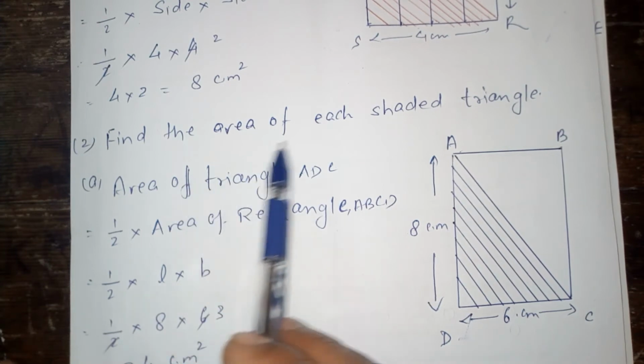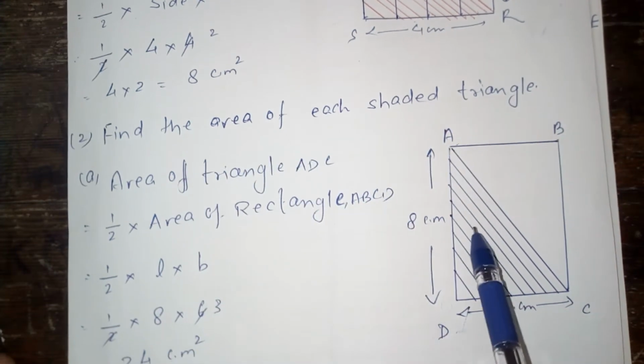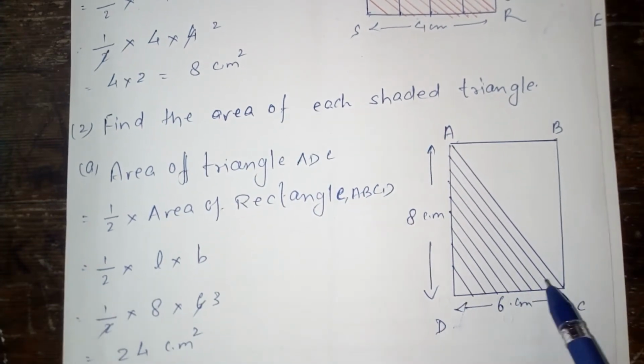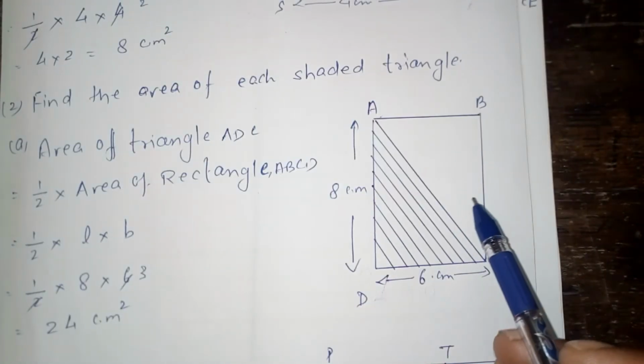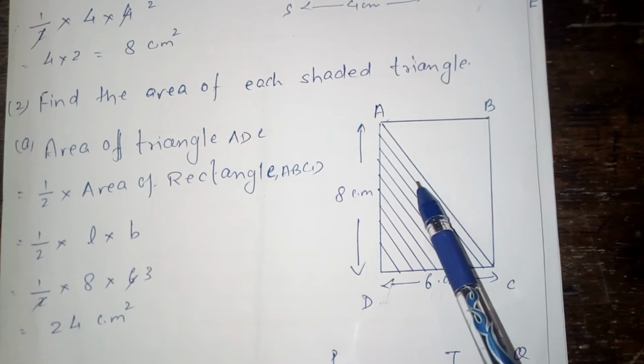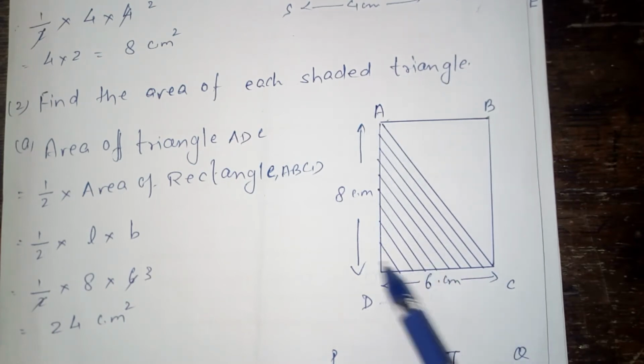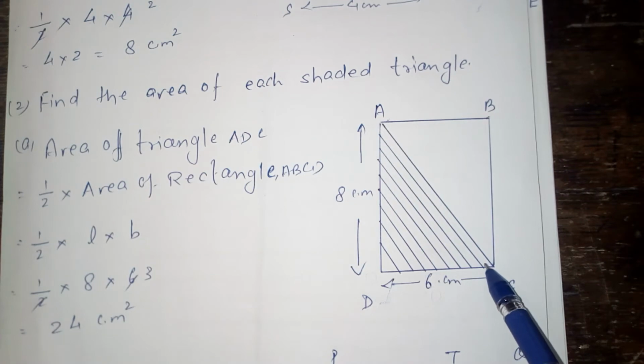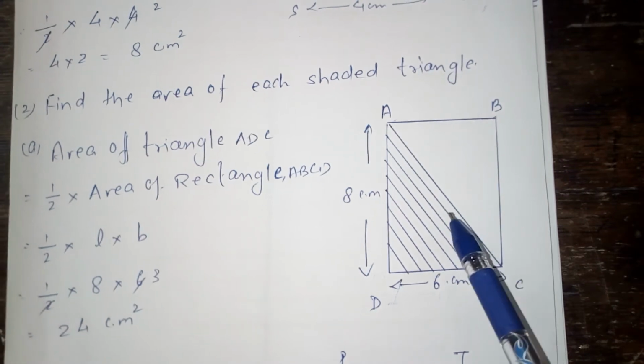Again, we will find the area of each shaded triangle. Now look here, in question number 2, we will find out the area of triangle ADC. Okay, so how will you find out?